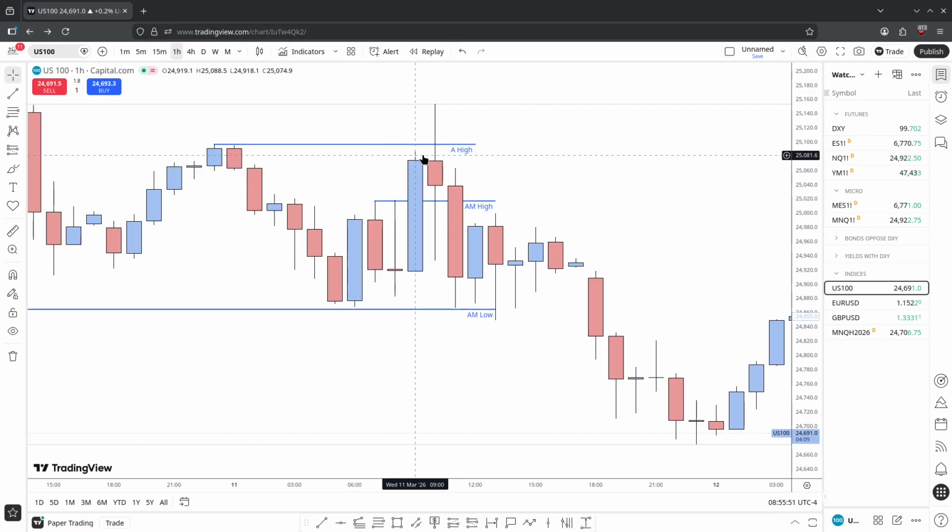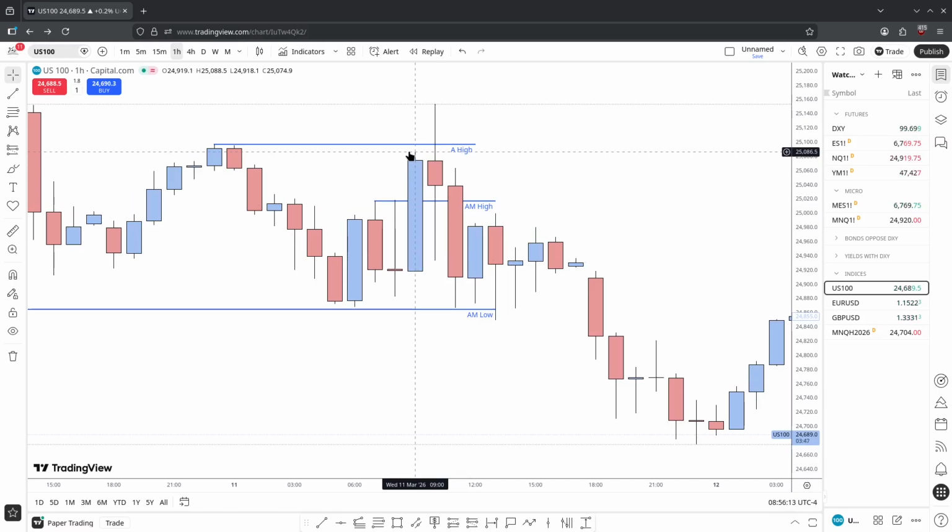Does this mean I jump into a lower time frame to take an entry? No, because this is not what the model tells you to do. That's what the model simplifies. It tells you exactly when you're allowed to go into the lower time frame and take an entry.